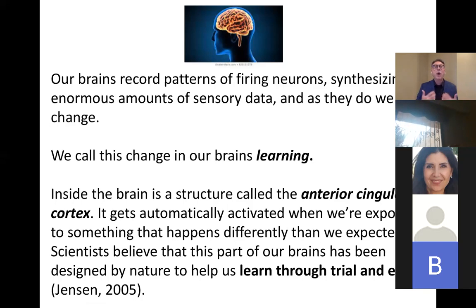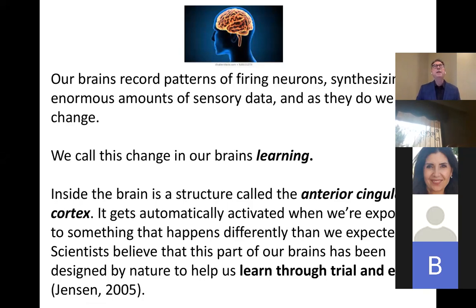And as our brains change in absorbing, processing, synthesizing all of this data, we're learning. Our brains are learning all the time. We can't stop our brains from learning unless we somehow kill the neurons.